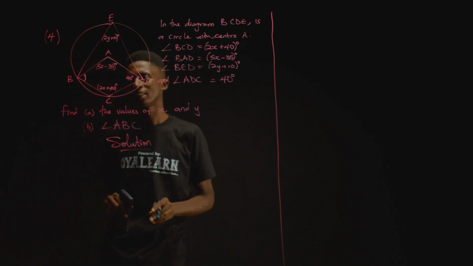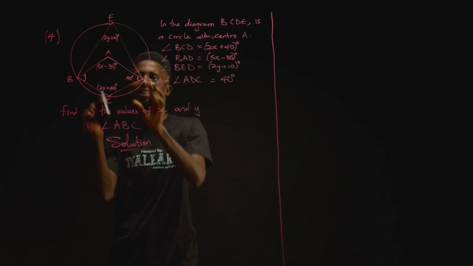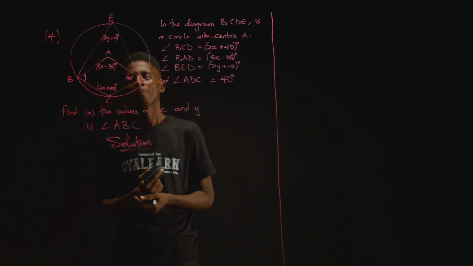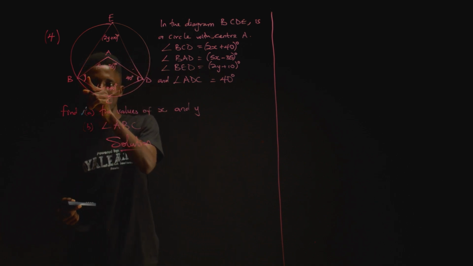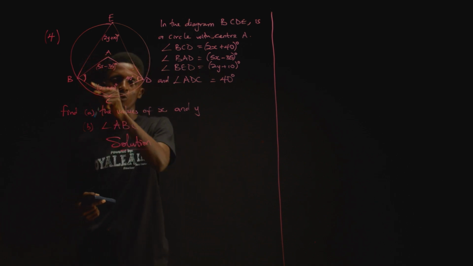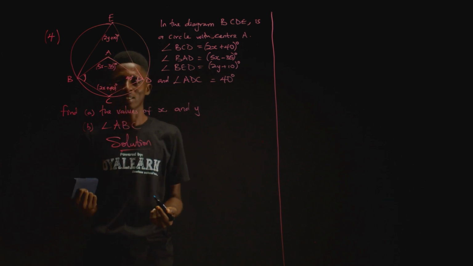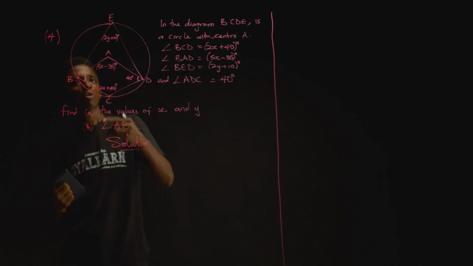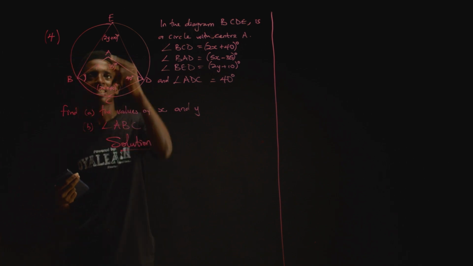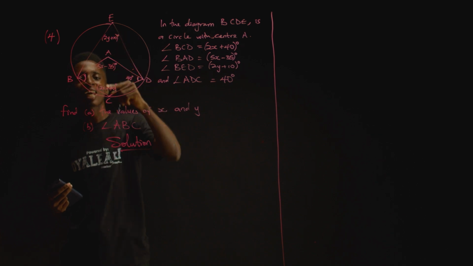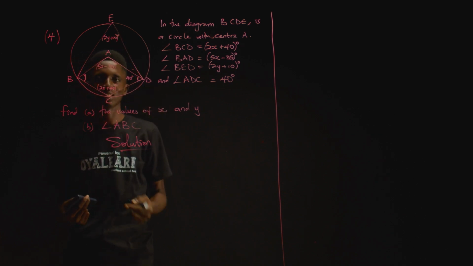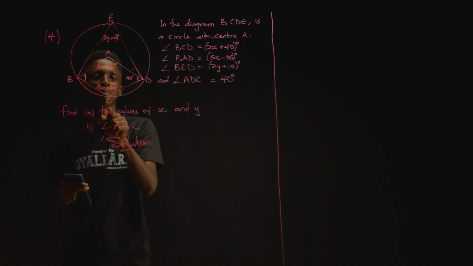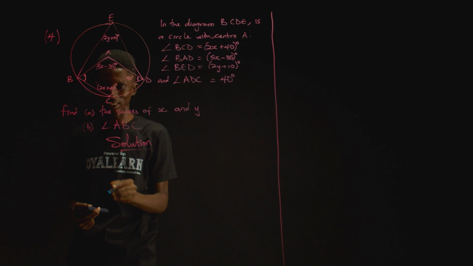Now, in order to find the value of x and y, we have to look at this diagram and look at theorems that would help us solve it. Now, if I had known the size of this angle, it's easy to say the sum of angles in a quadrilateral is 360. But since I don't, I have to look for other theorems. Another theorem that we know is that opposite angles of a cyclic quadrilateral are supplementary. That is, this angle here, which is BED, plus BCD, should be 180.